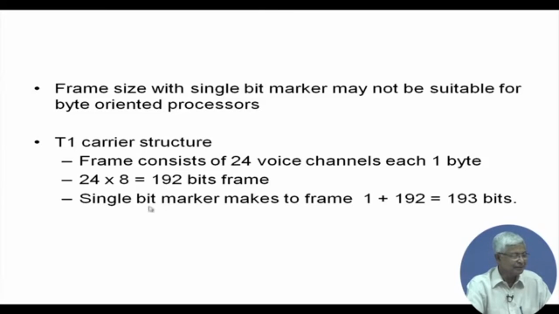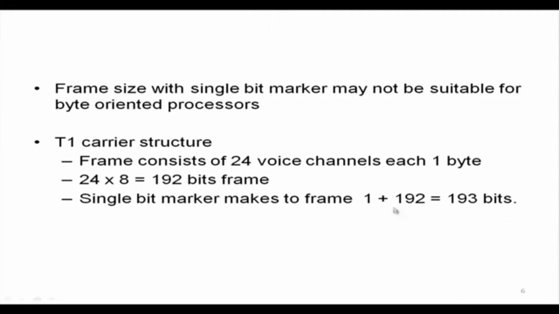Now, if it is a single bit marker, which is normally used, the single bit marker makes it 1 plus 192, that is 193 bits, which is not divisible by 8. So, the 8 bit processor system which is trying to detect and subsequently process it finds it a little more complex. So, that is another complexity that comes in a single bit marker. It takes time, as well as this type of problem appears.